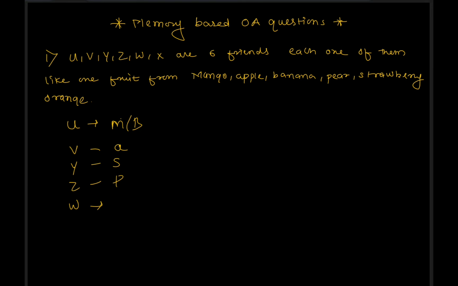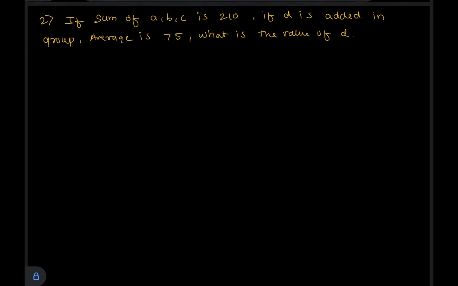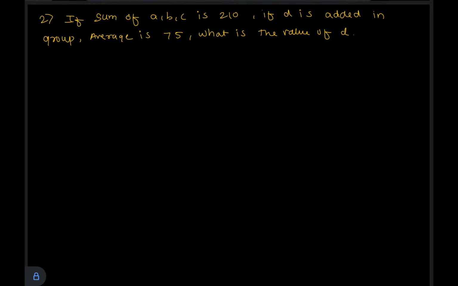Okay, so the next question was this: actually this was not the sum of A, B, C, they have given the average of A, B, C. The average of A, B, C is 70, and if D is added in the group, the average is 45, then what is the value of D?